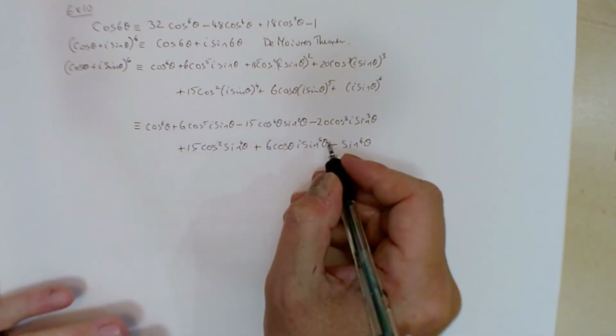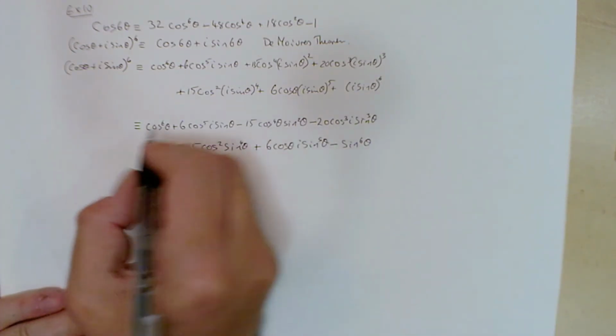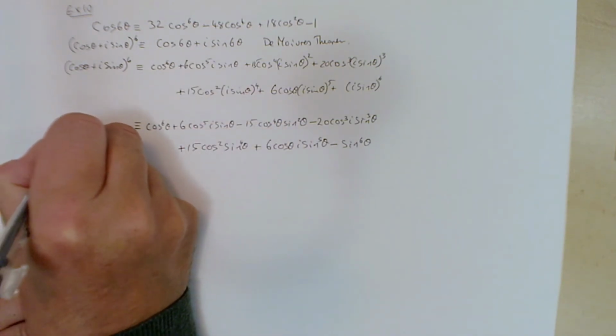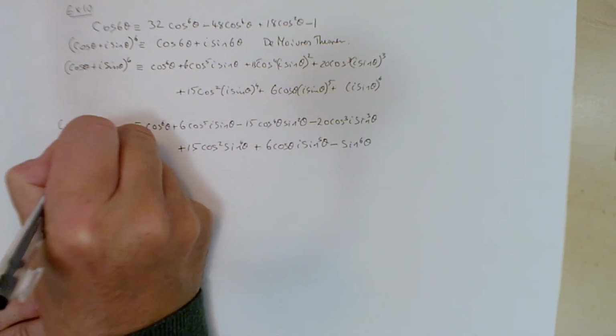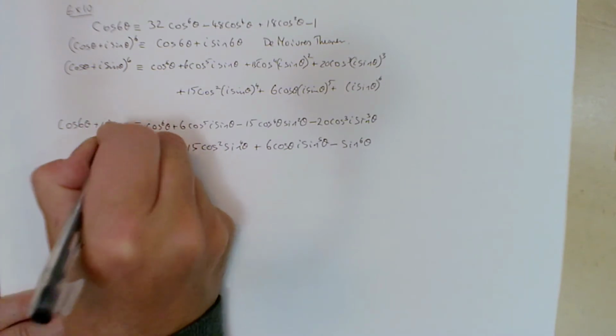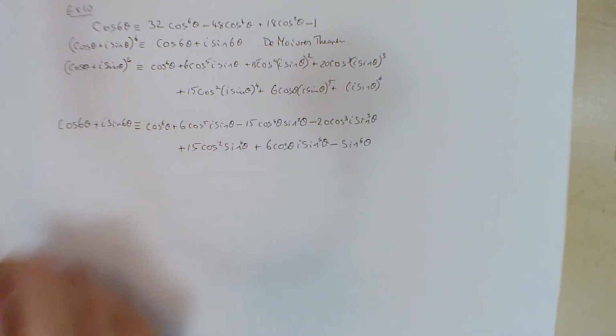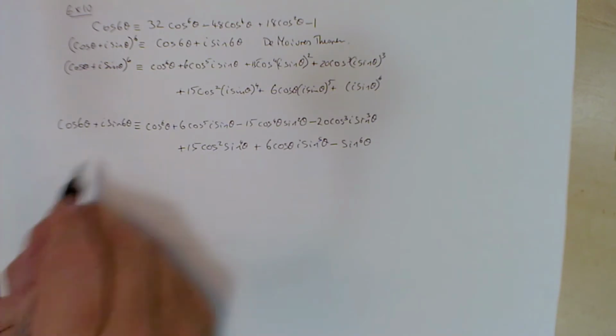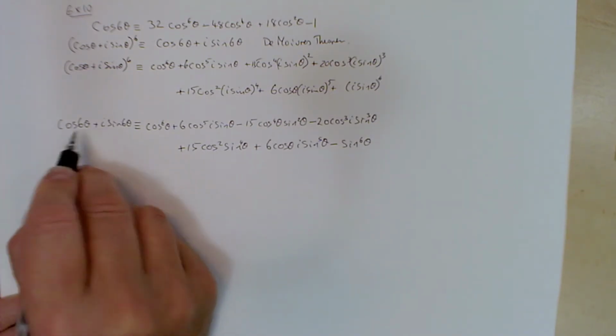And this we know, because these are both identities, this we know must equal cos 6 theta plus i sine 6 theta. Now, this is where we say this is a complex number with real and imaginary parts.